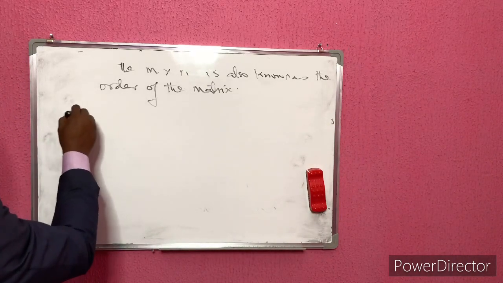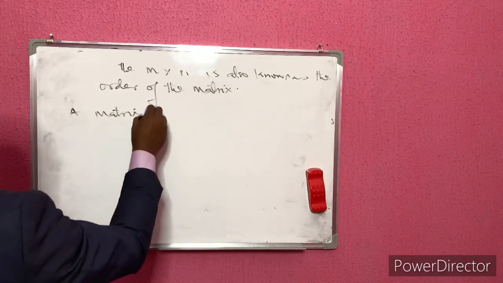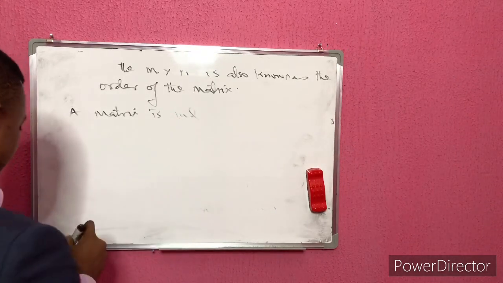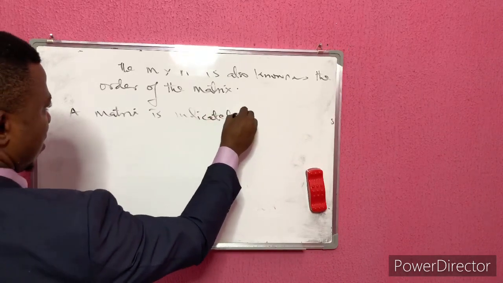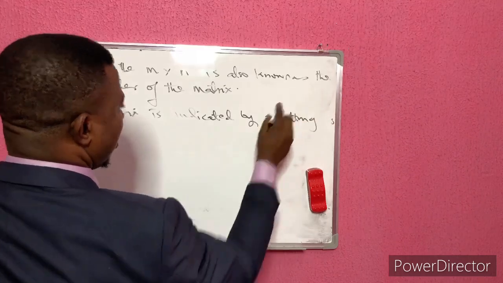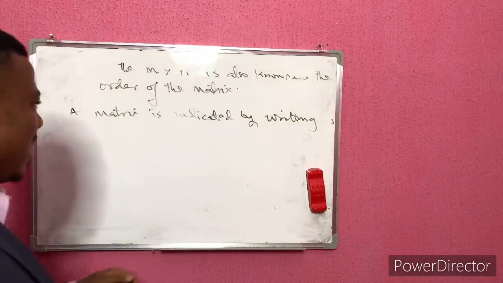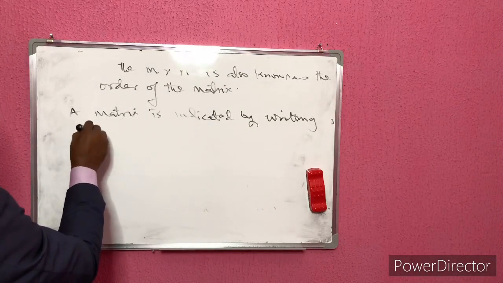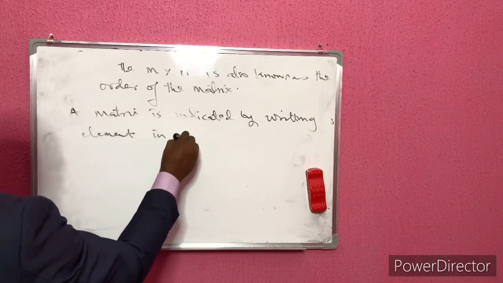A matrix is indicated by writing the numbers, the complex numbers or the elements, in a bracket.